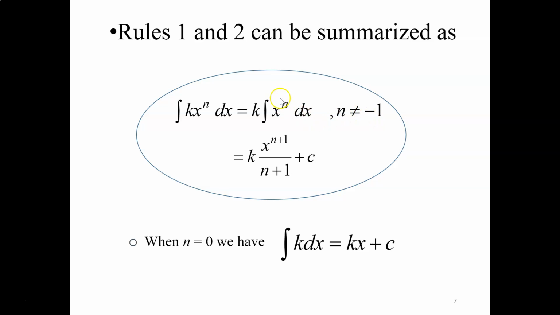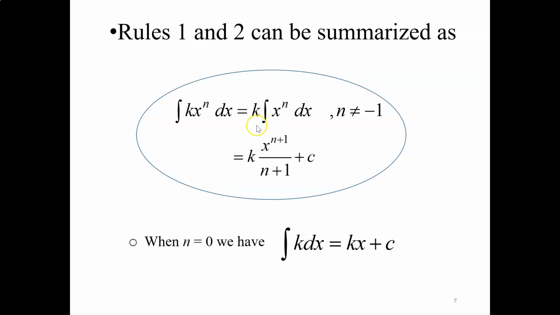Remember, the power here should not equal negative 1. And k is a constant, let's say 2, 1, 3, and so on. You can take it and put it at the front, so the remaining part is only x, and it's easier for you to integrate.